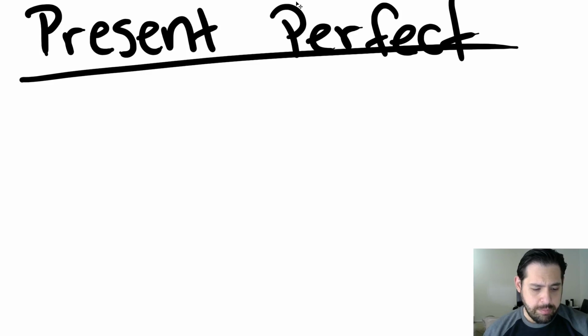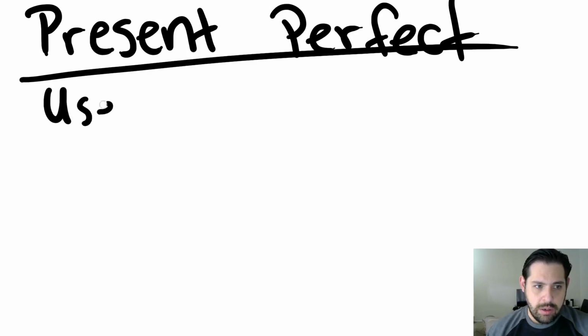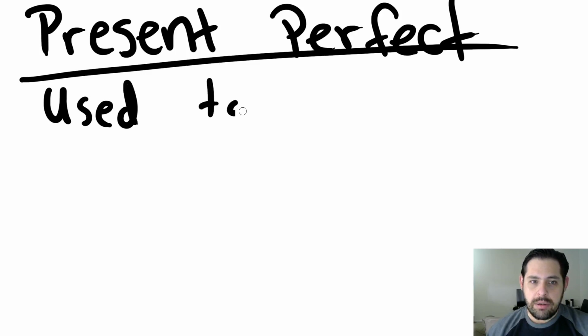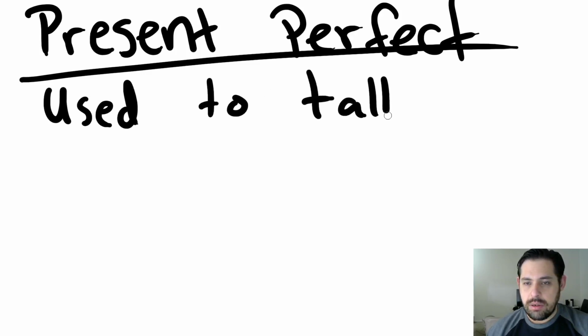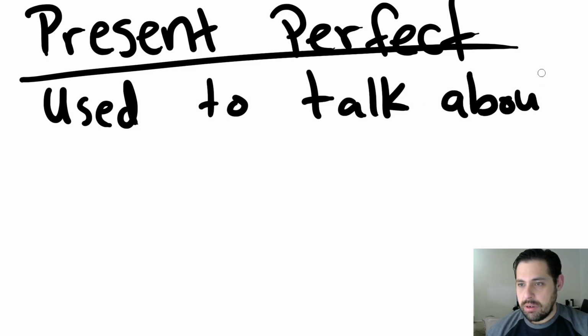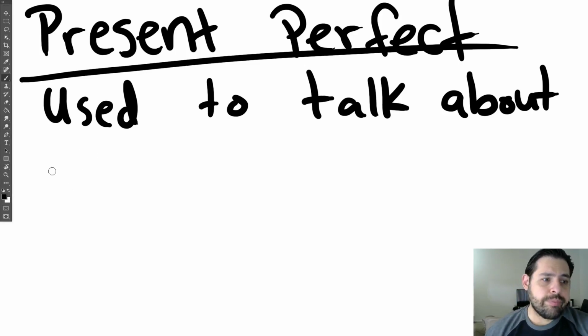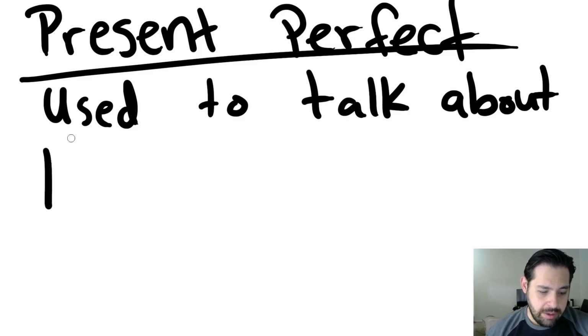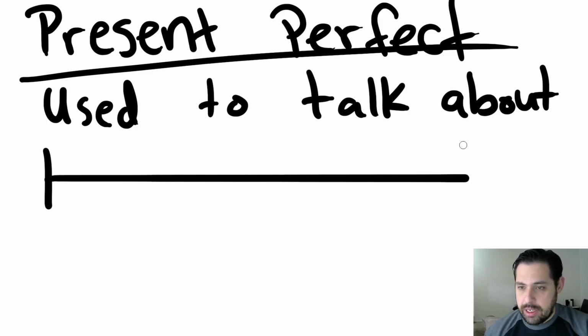Well, the present perfect is used to talk about something that happened in the past but continues happening in the present. Okay, so how do I do that?